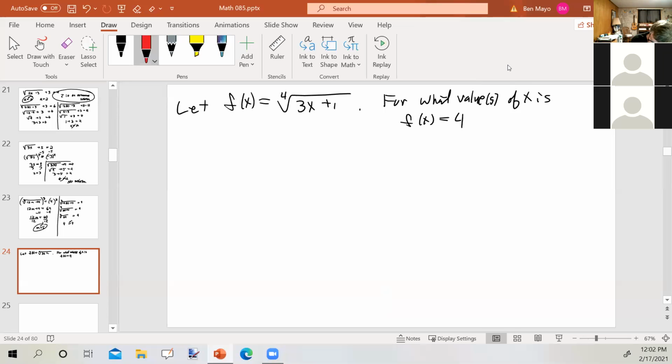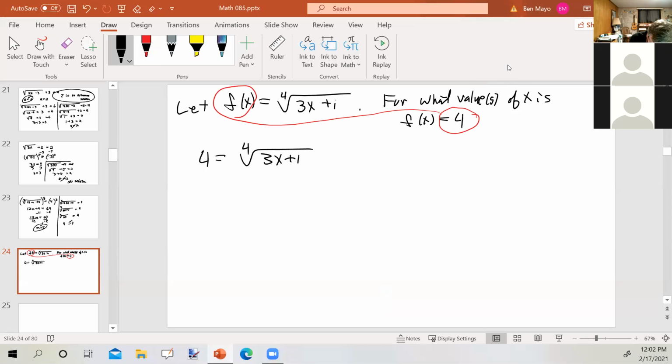So once again, we're going to take this and put it in the place of f of x. So our equation becomes 4 equals the fourth root of 3x plus 1. We have one radical. It's already isolated. So we will raise both sides to the fourth power.